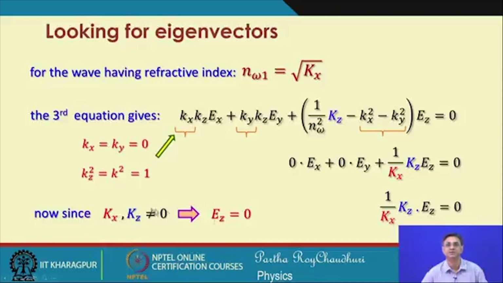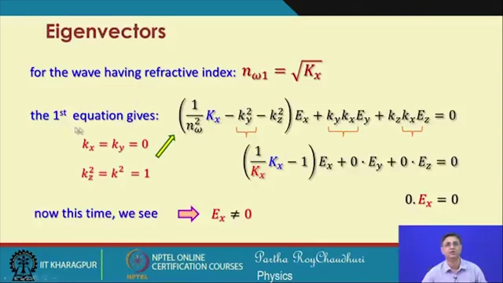It simply tells you that whatever the values of k z and k x might be, they cannot be 0. So, E z must be 0. So, for a wave we have seen two consequences: E y must be 0, E z must be 0, since the wave is travelling along the z direction. So, the only possibility is E x not equal to 0.